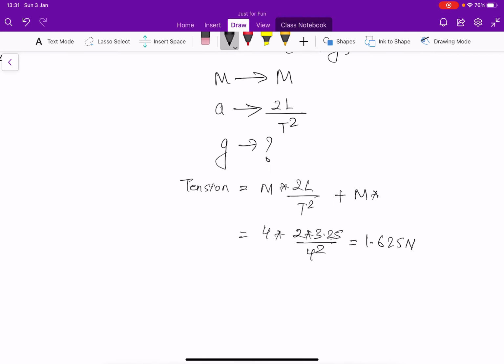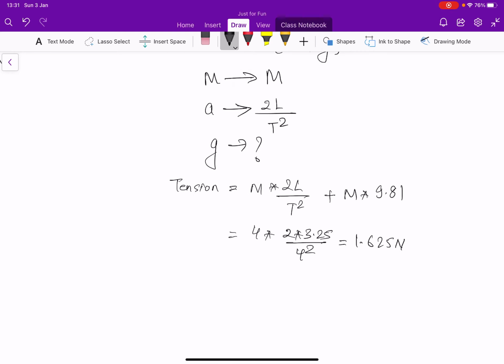For the gravity, we're going to take 9.81. Let's add that. 4 times 9.81. And we get the same value, which is 40.89 newtons.